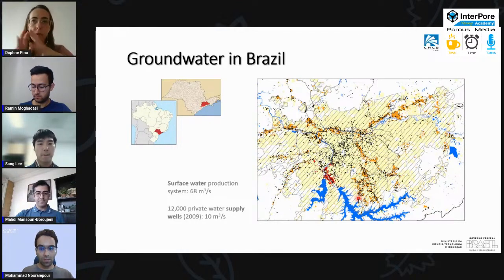Those black dots represent deep supply wells, wells that are extracting groundwater for different types of consumption. And why is this a problem?